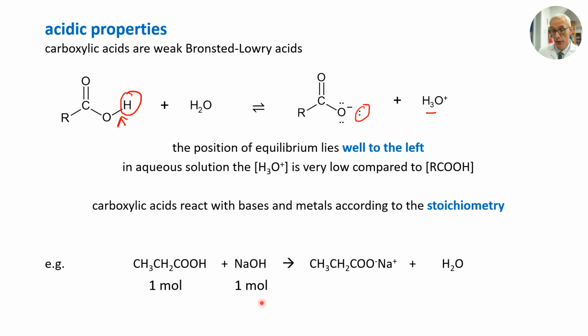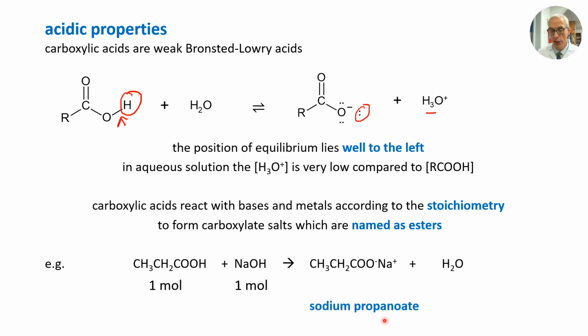That reacting ratio is not affected by whether propanoic acid is a weak or strong acid. It's still a 1-to-1 ratio as per the stoichiometry, or the balancing of the equation. Now, the salt product here is named as an ester. So we have the propanoate and sodium, so we would call that sodium propanoate.